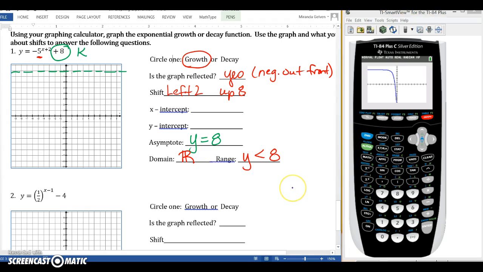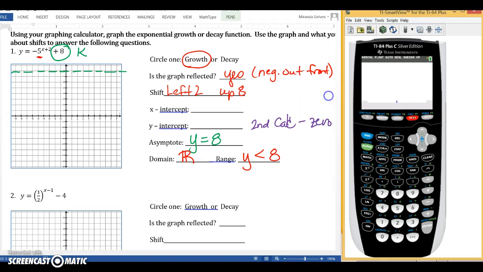So a few reminders of where we find things. First, the x-intercept, where it crosses the x-axis, we go to second, calculate, and we're going to calculate a 0. So second, calculate, and we're going to choose number 2, which is zero. And let's find my cursor.